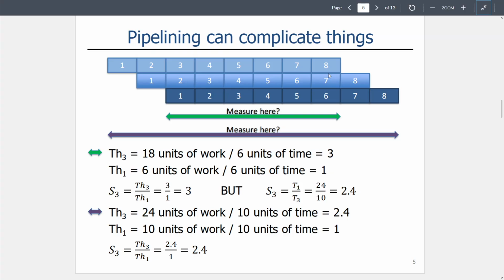but if we look at it over time, instead of throughput, using these measurements here, we end up with 24 units of time versus 10 units. Why is it 10? Oh wait, hang on a second.